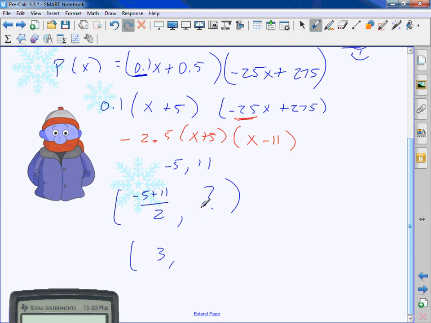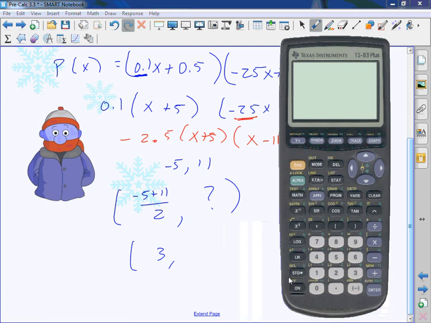How do I get this second number? Put this into the formula. We did this the other day.